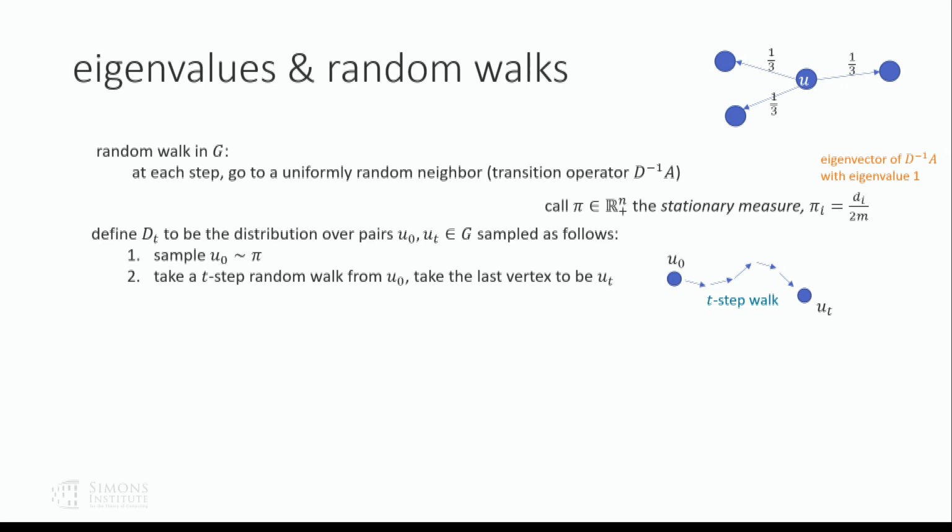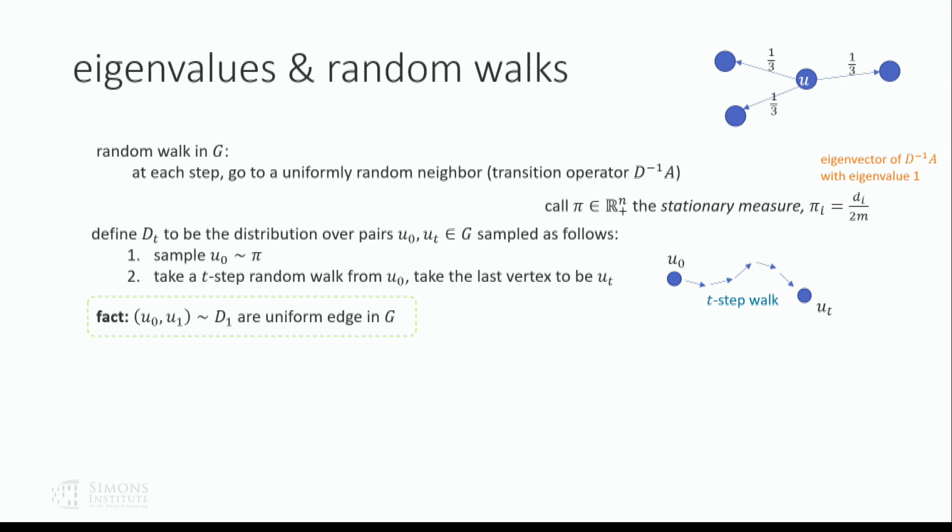We're going to define the following distribution over pairs of vertices in the graph. Define dt to be the distribution over pairs sampled as follows. First, I sample a vertex according to the stationary measure. Then I take a t-step random walk, and I take the final vertex that I land at to be ut.